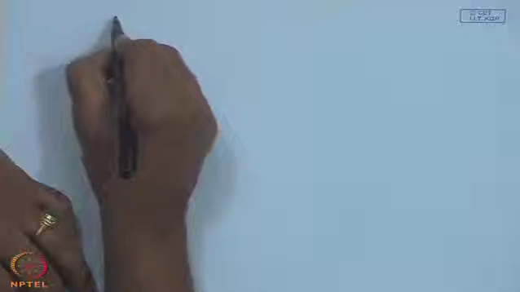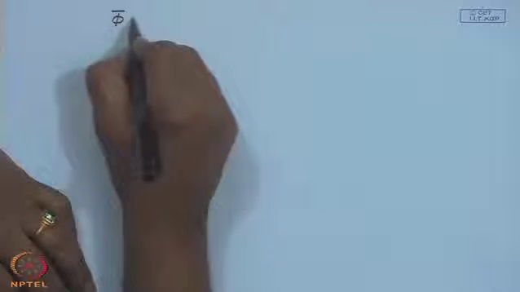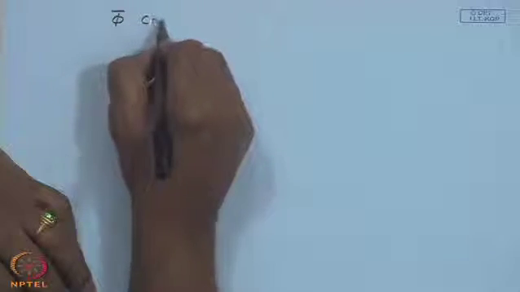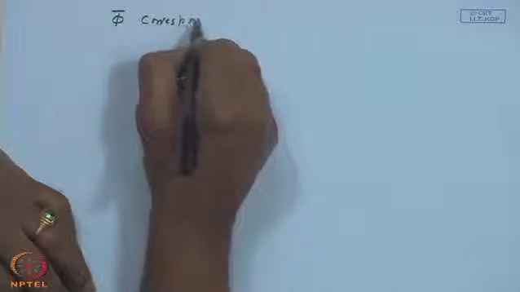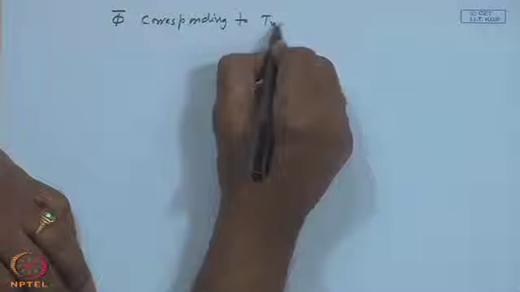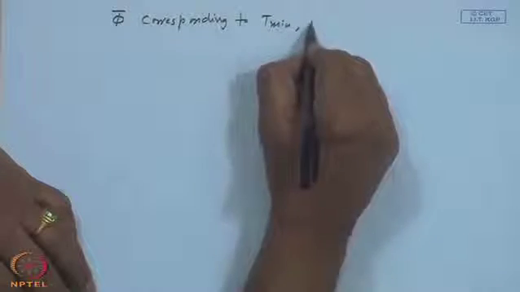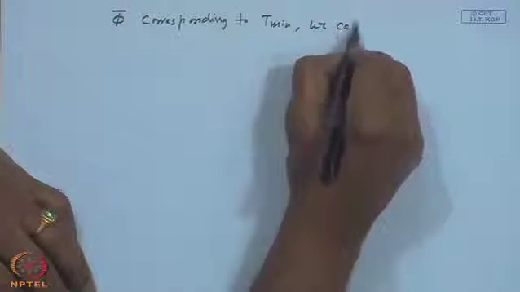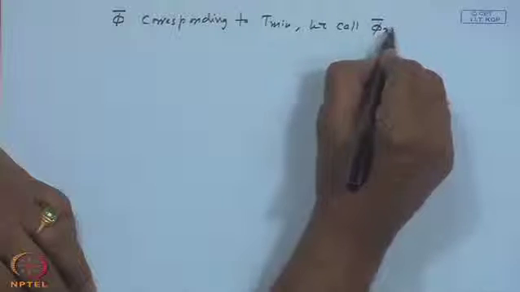Once again I emphasize, the monthly average daily utilizability is phi bar corresponding to T minimum, which we call phi bar max. That is all, nothing else.